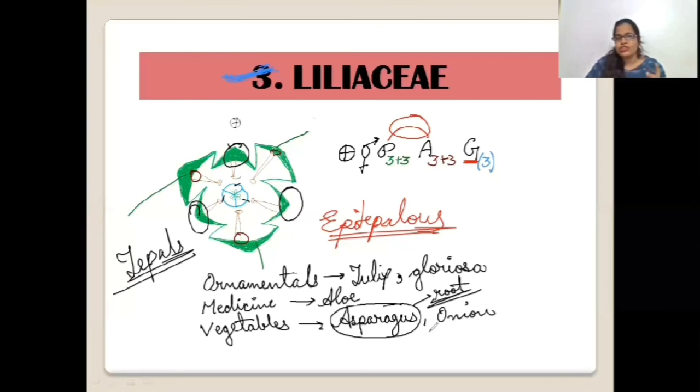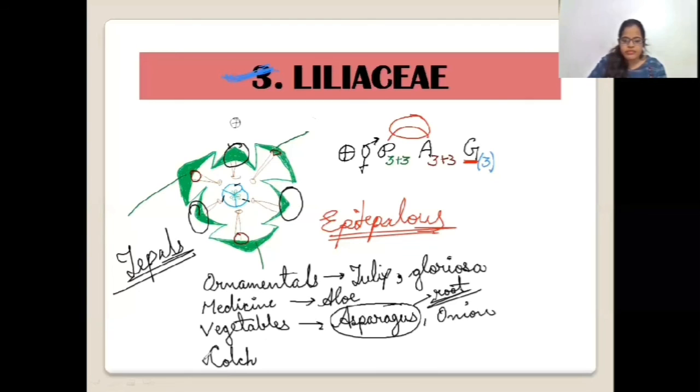So do watch the videos of plant morphology. I'll be giving the link of the complete playlist of plant morphology in the description below. So if any part is missed by you, go watch it, the points will be clear. Then apart from vegetables, we have one more plant, that is Colchicum.